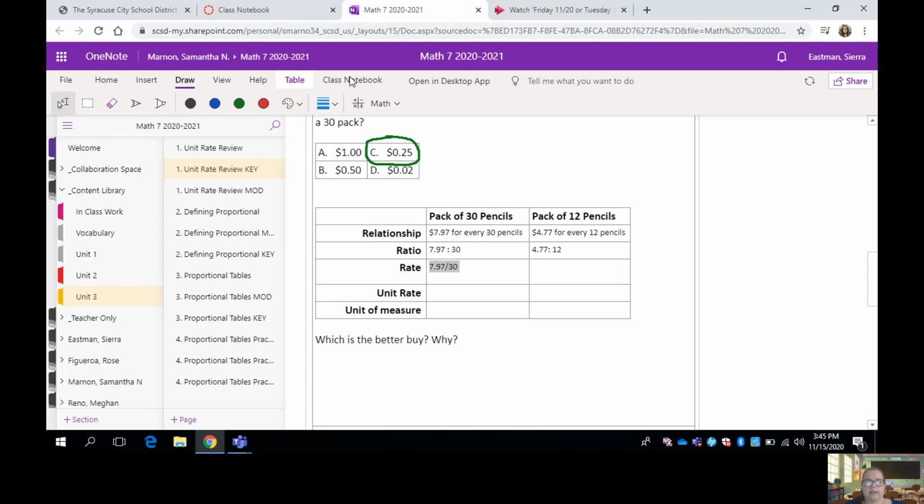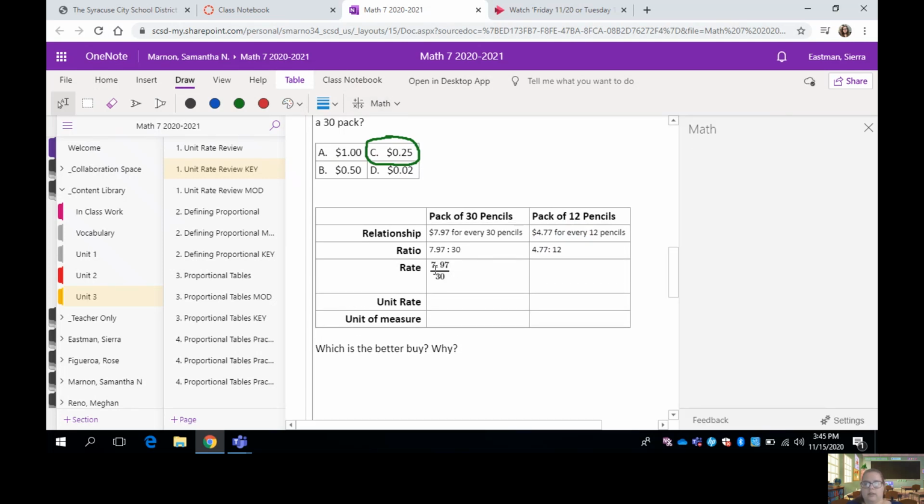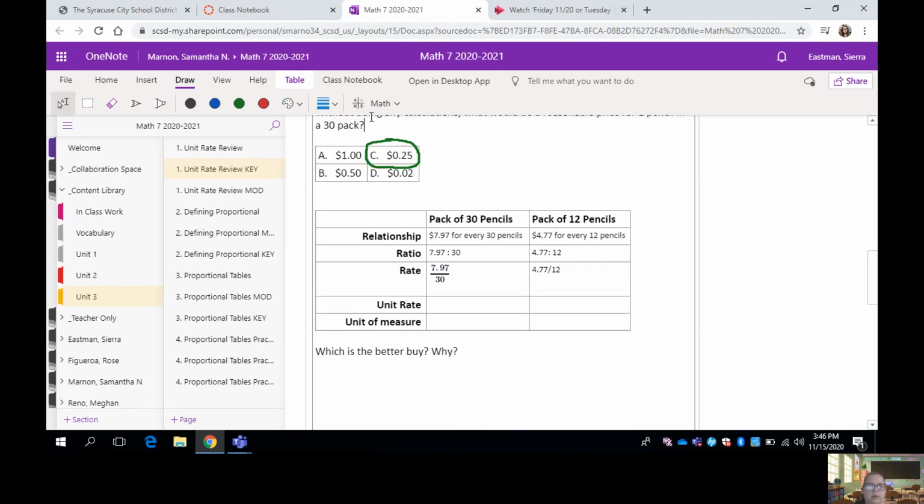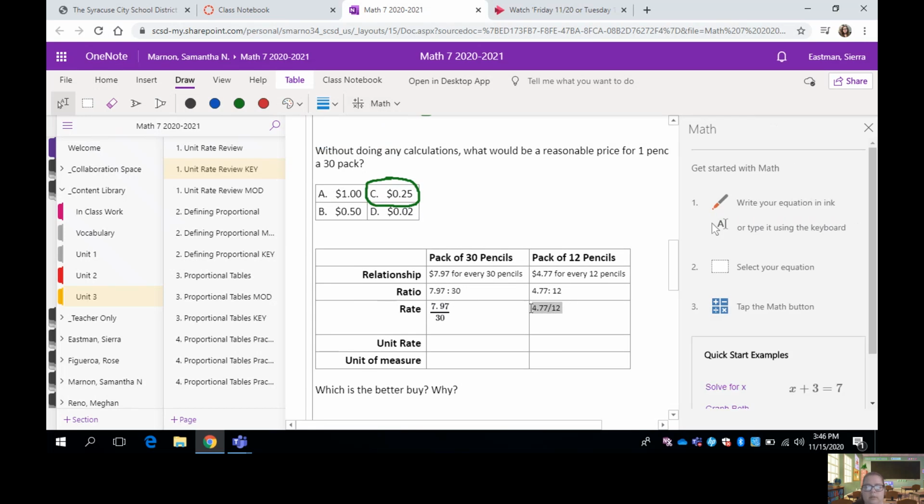Then when I highlight this and click this math button here, it's going to create that equation for me. It's going to make it a fraction, sorry, expression, which looks like a fraction. Same thing over here, $4.77 over 12. Okay, our rate and ratios are very, very similar, right? They're just showing that relationship that we already had there.